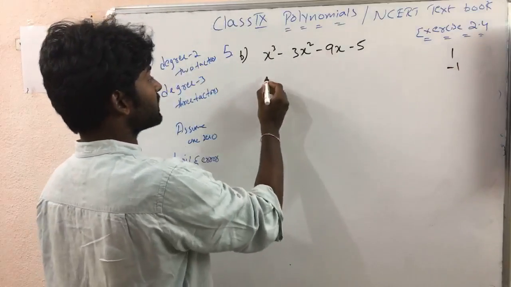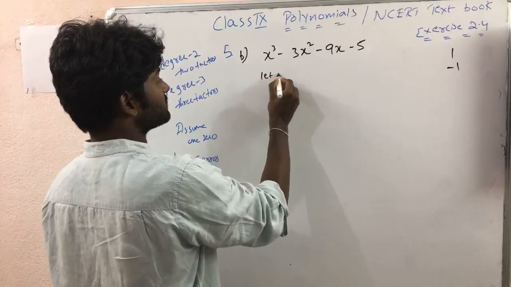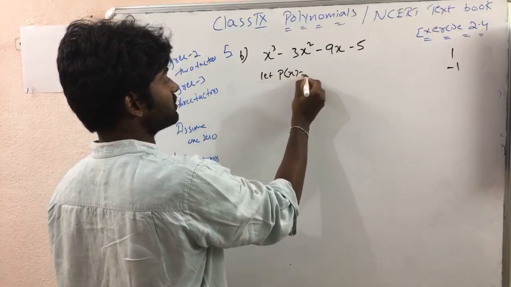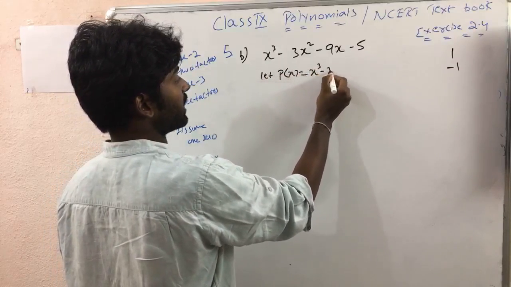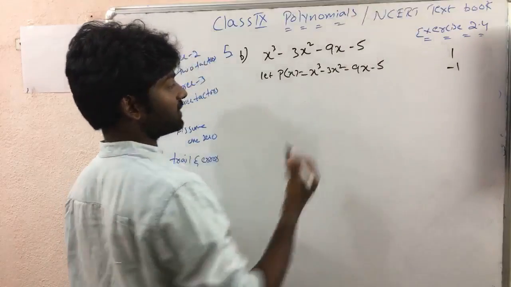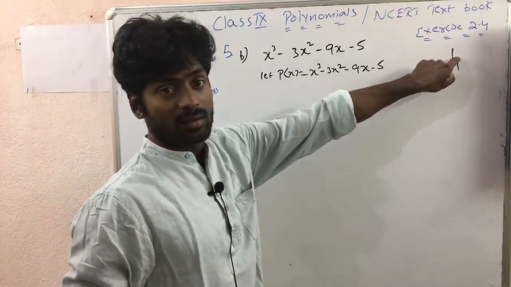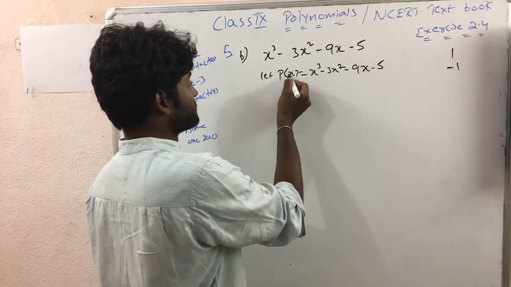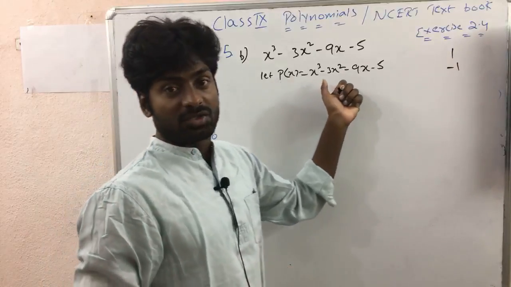Now let p of x equals x cube minus 3x square minus 9x minus 5. Take 1. That means substitute the value 1 in place of x.